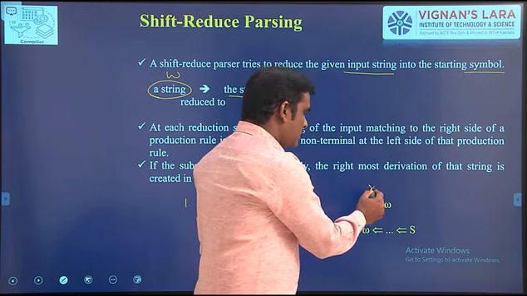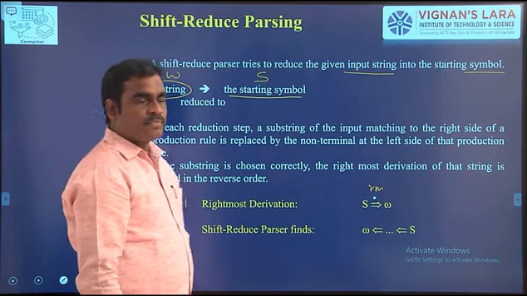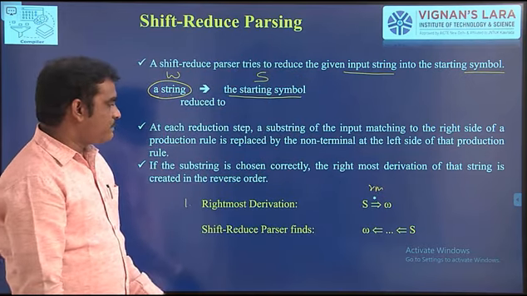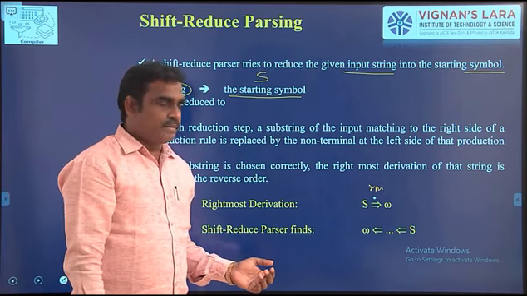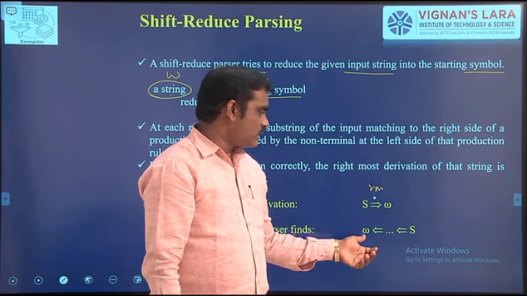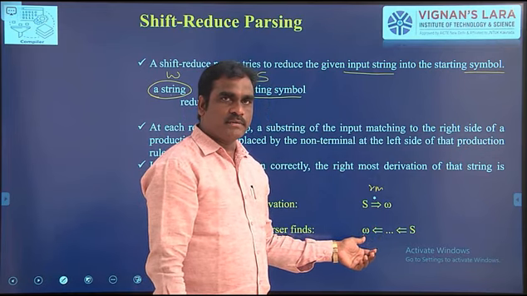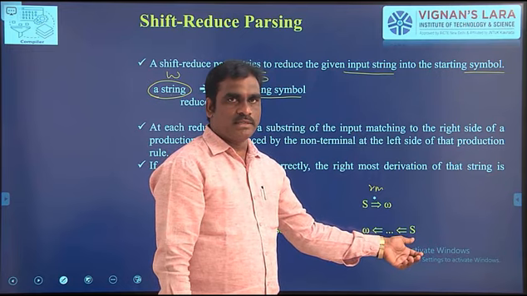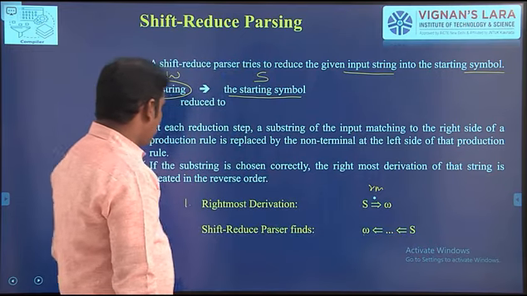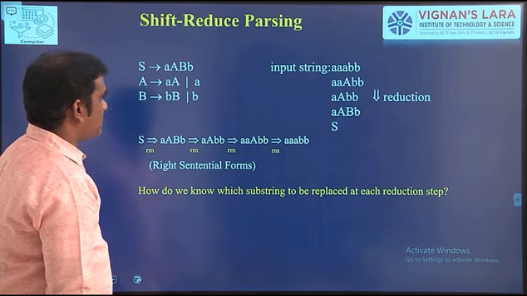So this is the rightmost derivation. And the next one is that we simply write the reverse of the rightmost derivation. That means reverse of rightmost derivation starts with W and we will get the root element. So this is the shift reduce parser.